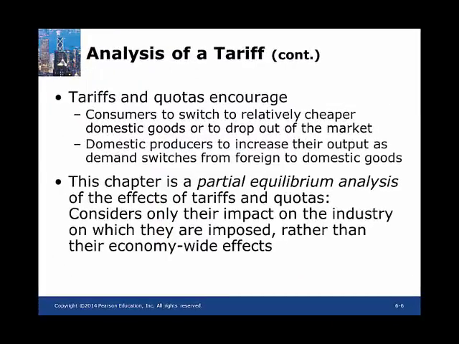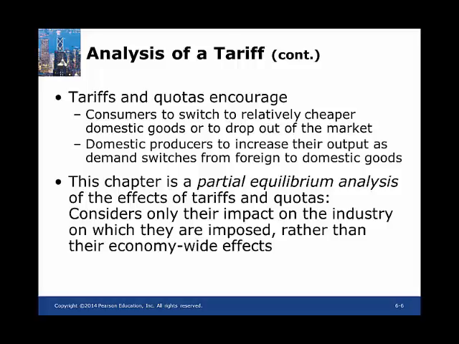Analysis of tariff continued. Tariffs and quotas encourage consumers to switch to relatively cheaper domestic goods or to drop out from the market. Tariffs and quotas also encourage domestic producers to increase their output as demand switches from foreign to domestic goods.